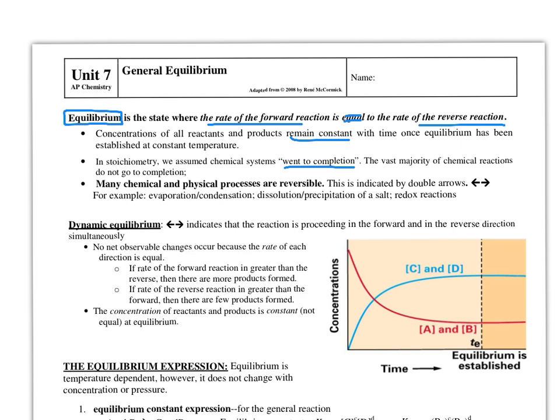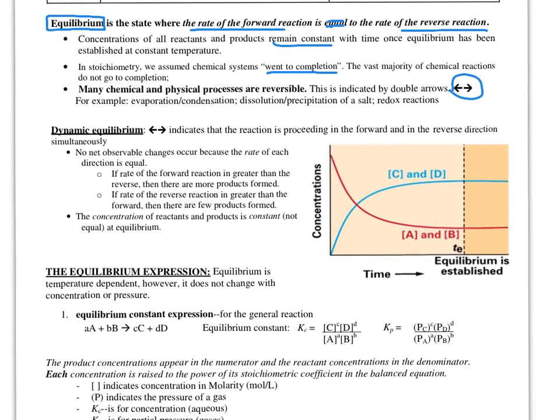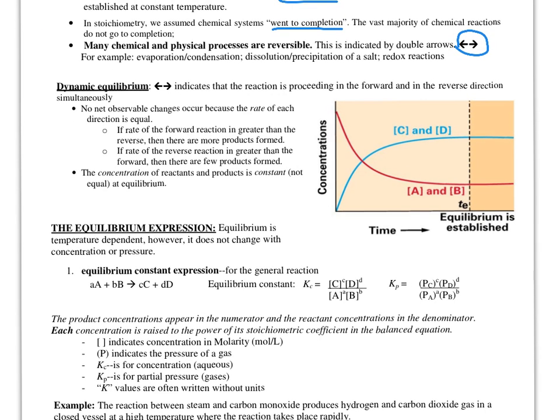Redox reactions, the gain and the loss of electrons, are reversible. We indicate a reversible reaction, or something that doesn't go all the way to completion, with the double arrow. When we use that double arrow, we're usually referring to an equation or reaction that is at equilibrium.